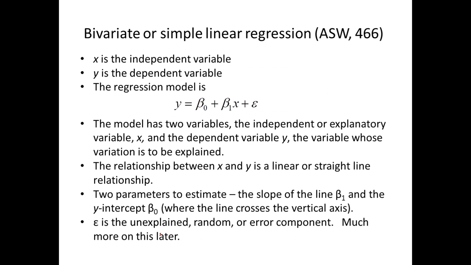Now we represent this in one mathematical equation: our dependent variable is related to beta naught plus beta 1 times x. Our model's aim is finding beta naught and beta 1, and there will be some small error, which we represent as epsilon.